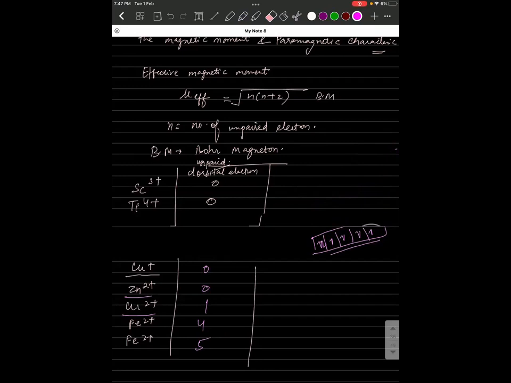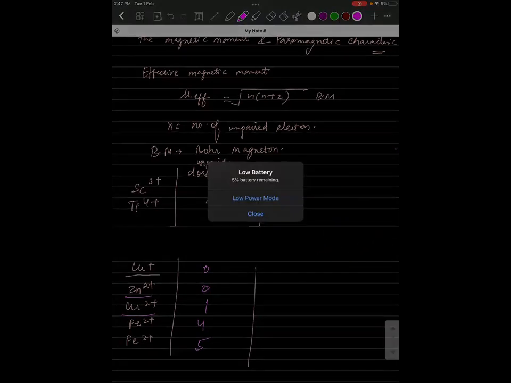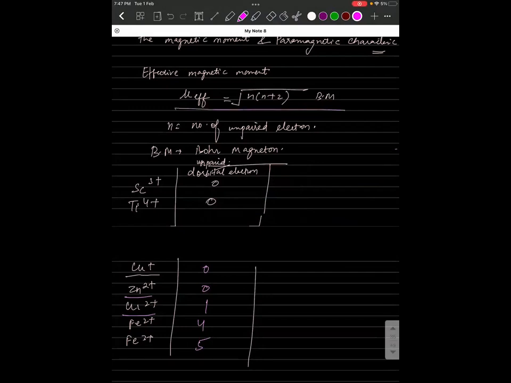Now how do we find the effective magnetic moment for these? We will be using this formula. We will put the number of unpaired electrons here, so it will be under root of 0 into 0, so it will be 0 for this also. 0 Bohr magneton.